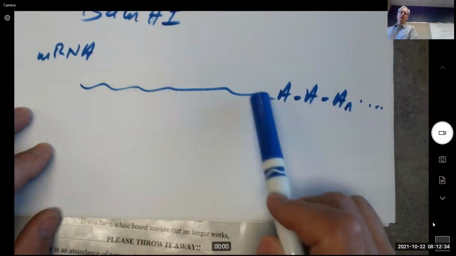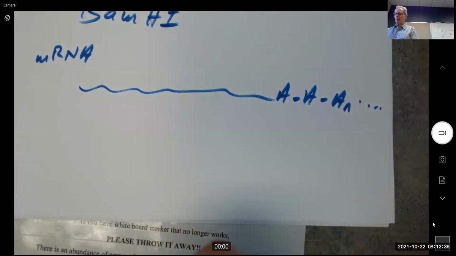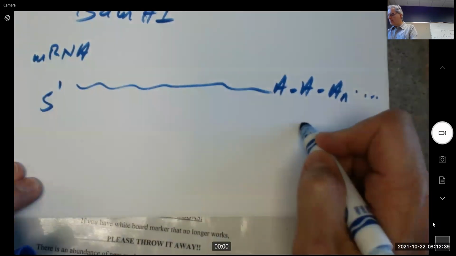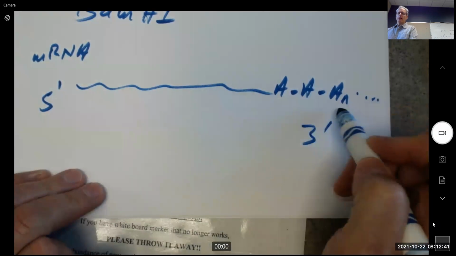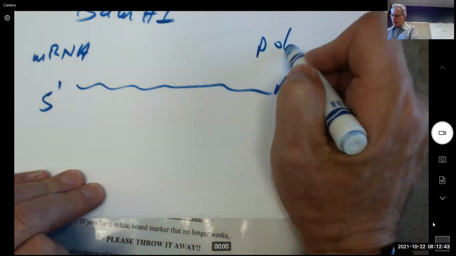So messenger RNA in eukaryotes has, at the 3' end, this thing called a poly A tail.